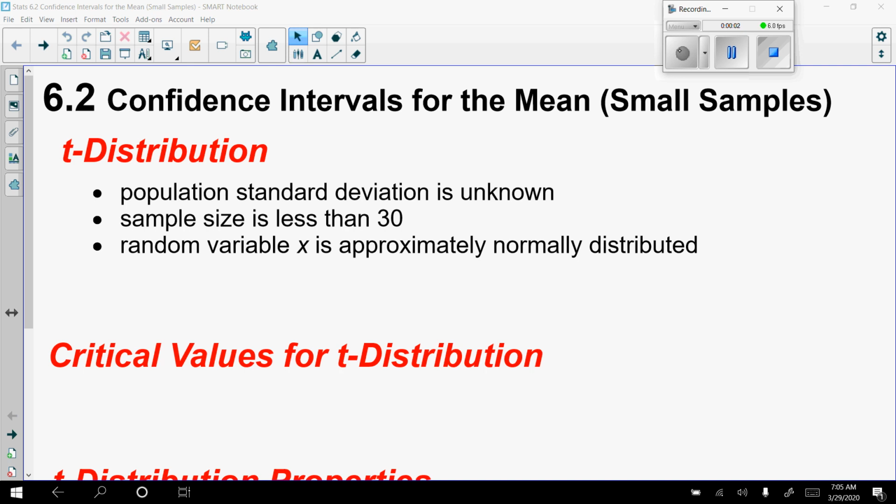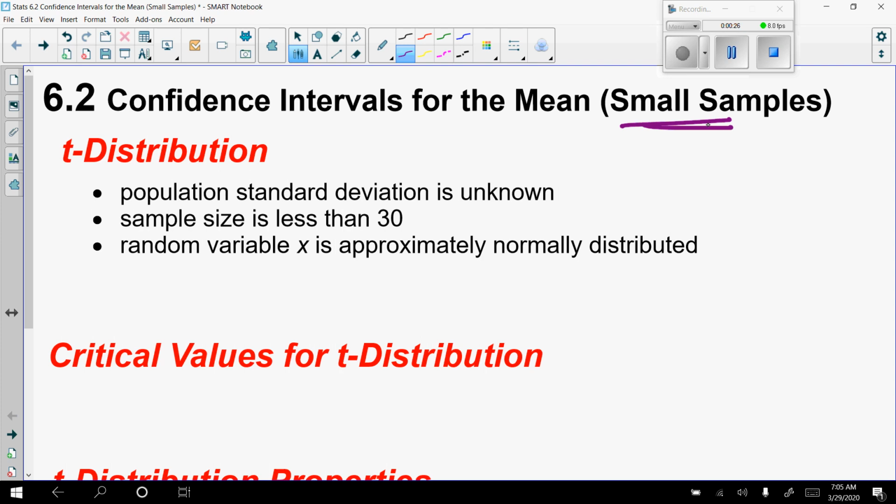The difference between 6.1 and 6.2 is that 6.1 used large samples, 6.2 uses small samples. So when we have small samples, we can't use the normal model. We have to use something called a t-distribution.